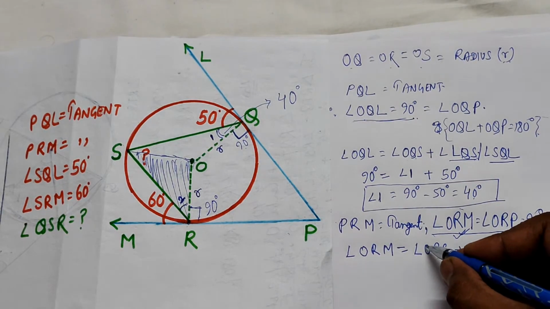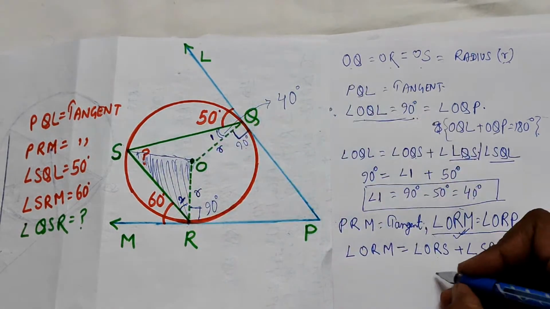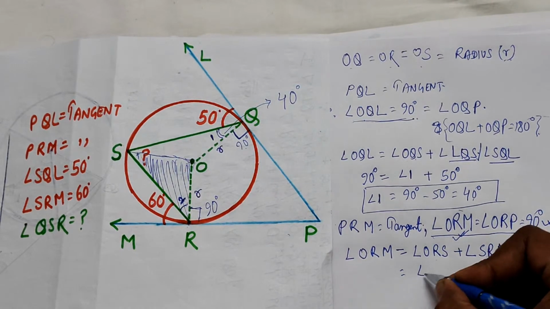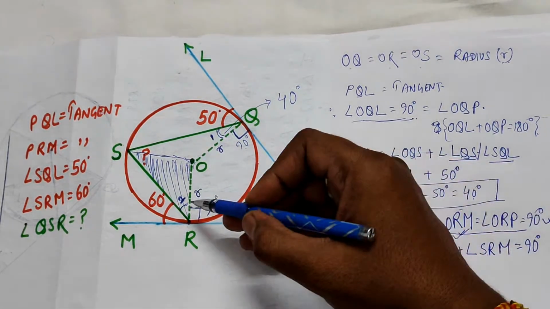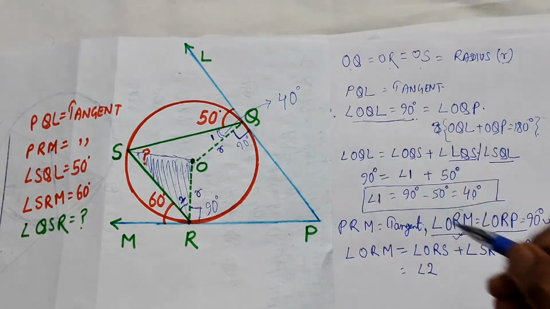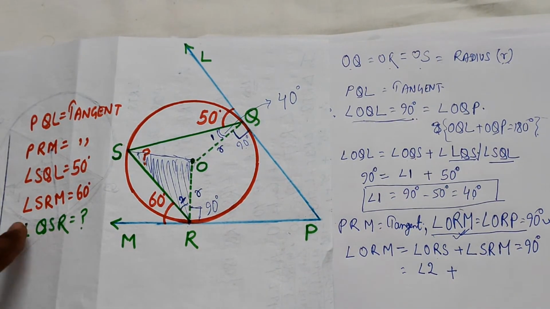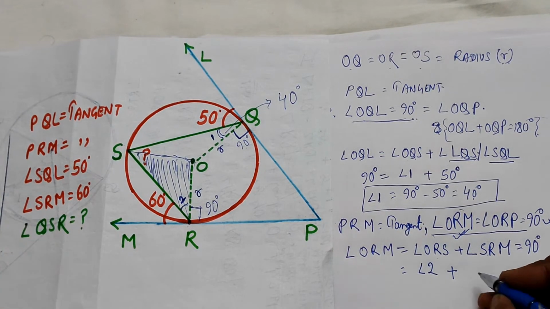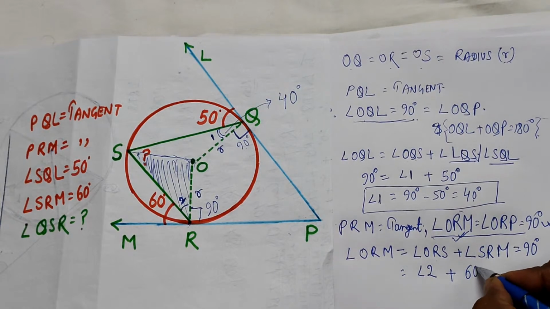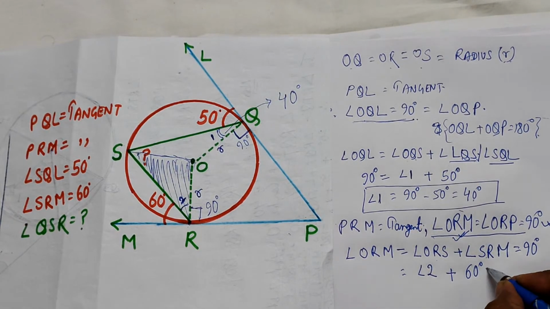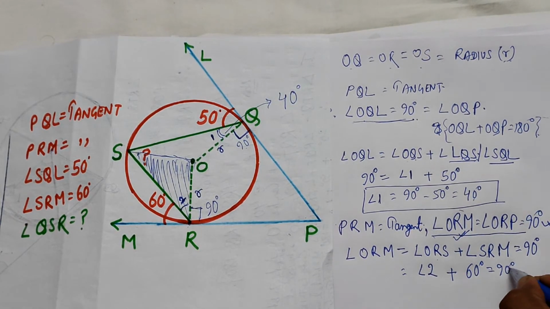Now angle ORS, we have written as angle 2. The value of angle SRM is given to you, that is 60 degrees. So put the value of 60 degrees over here, and this is equal to 90 degrees.